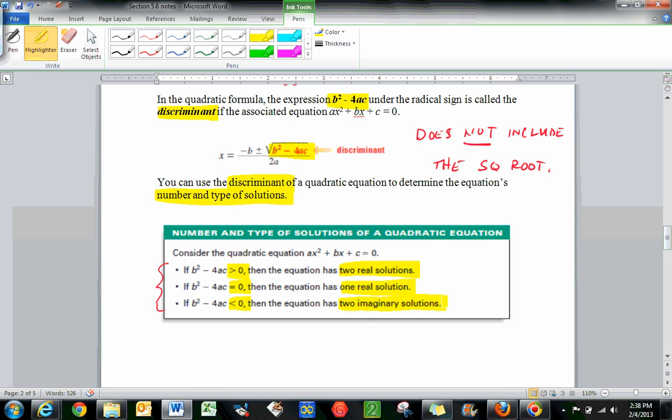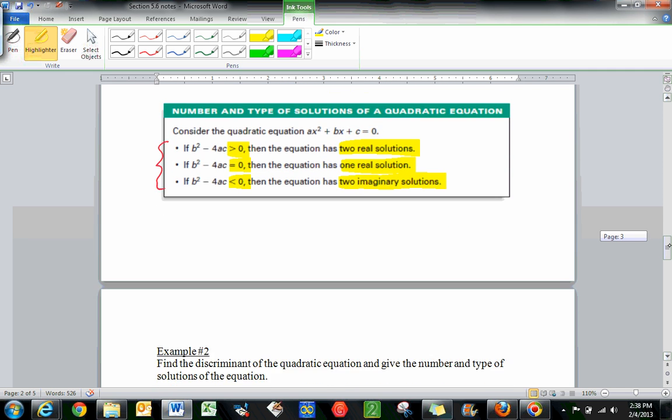The more you work with this, the quicker you will be to recognize what type of solutions you're going to have once you set up the quadratic formula. This is extremely important because it allows you to know what your final answer should look like.